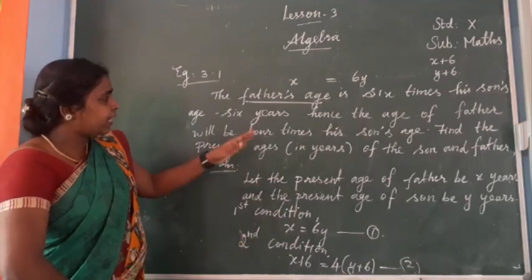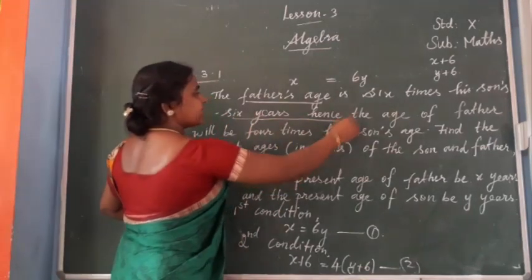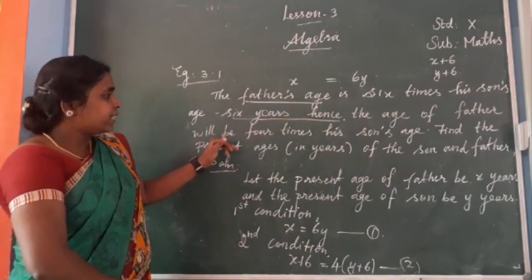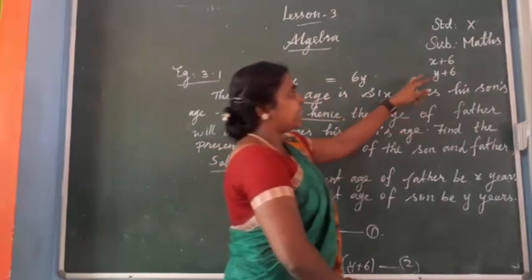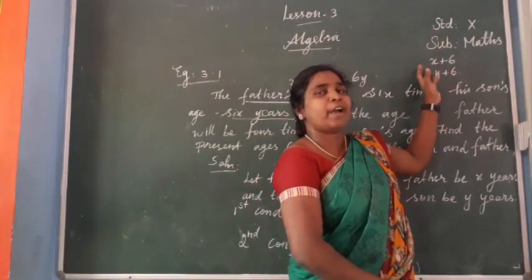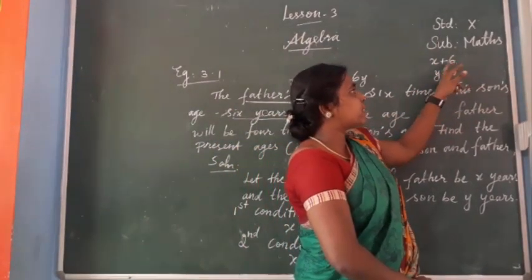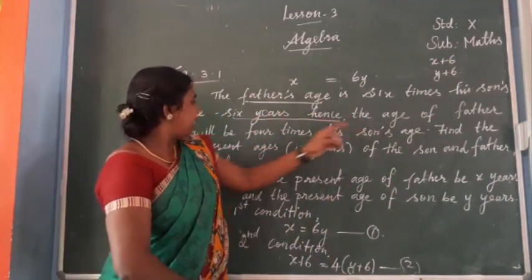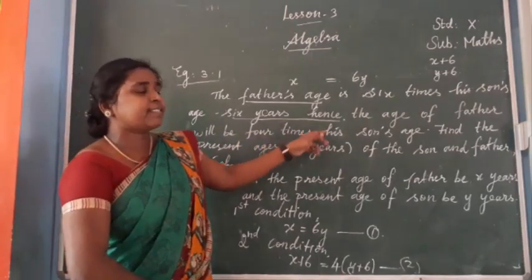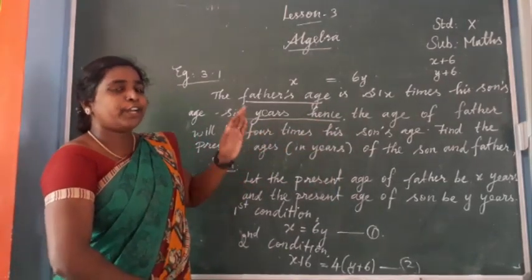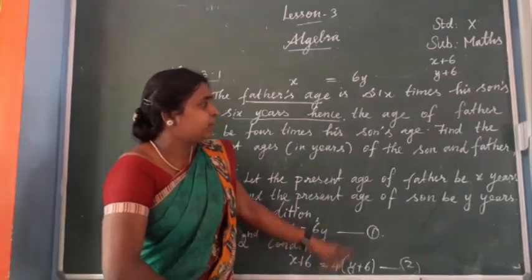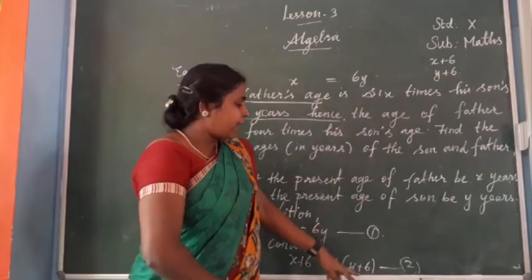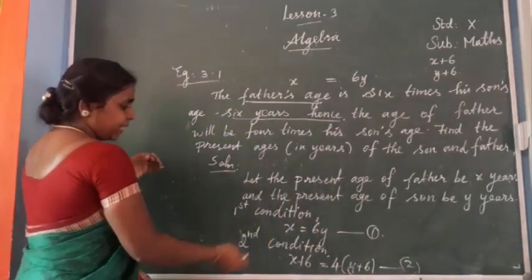According to the second condition, after 6 years the age of the father will be x plus 6, equal to 4 times the son's age after 6 years, so 4 into y plus 6. This is the second condition.